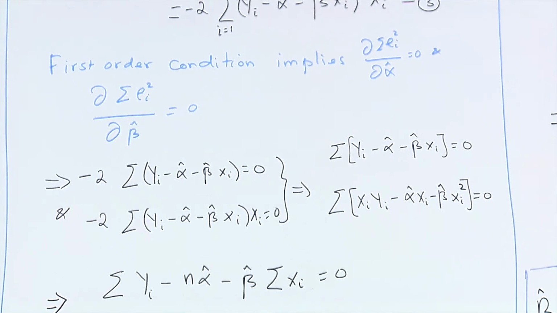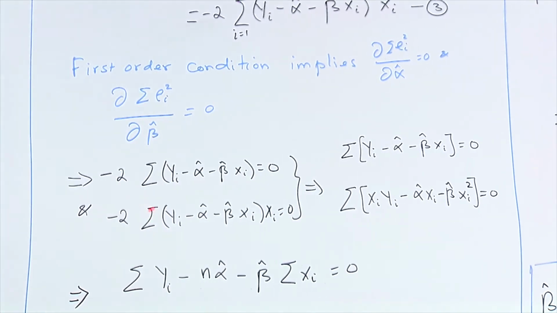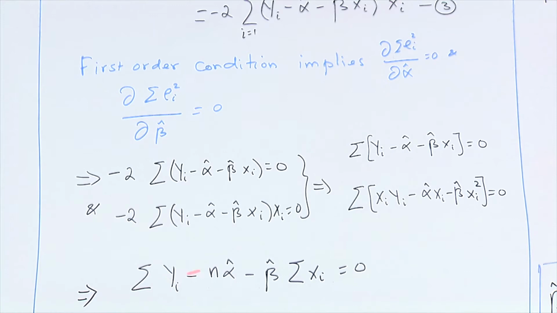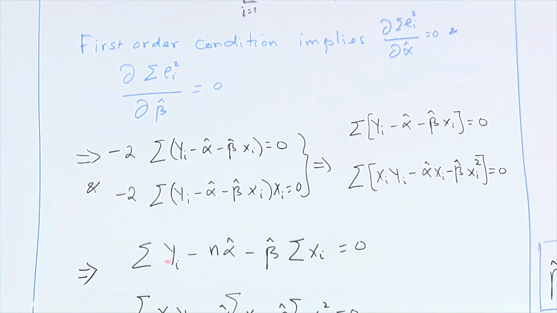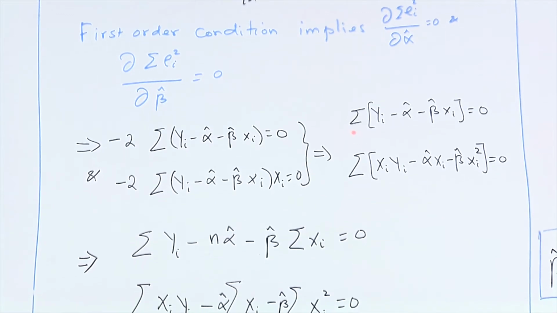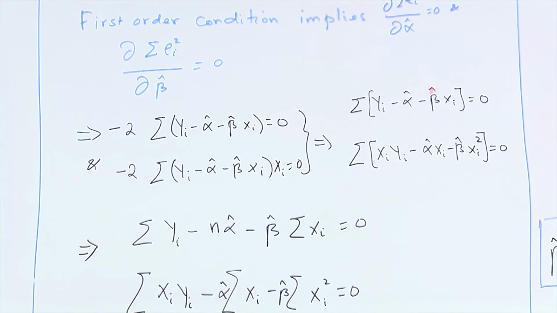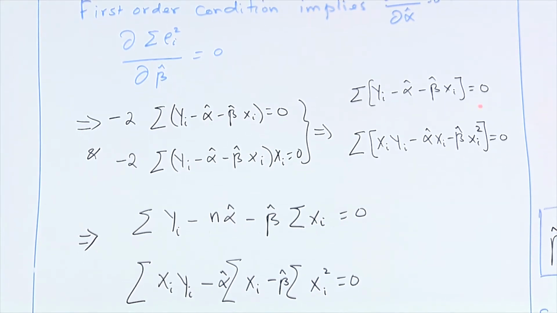Combining these two equations, only this term is 0, so we equate this term to 0, and then we take the sigma inside the first equation. You get sigma yi, adding this term n times, so you get sigma yi minus n alpha hat minus beta hat sigma xi equal to 0.